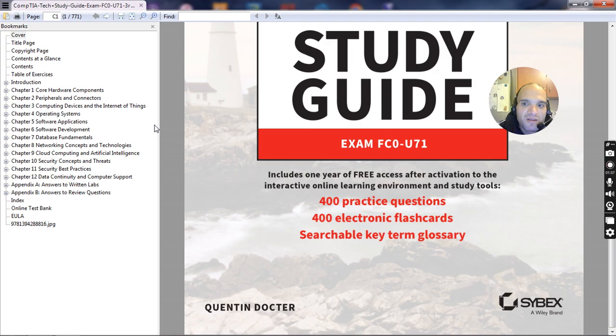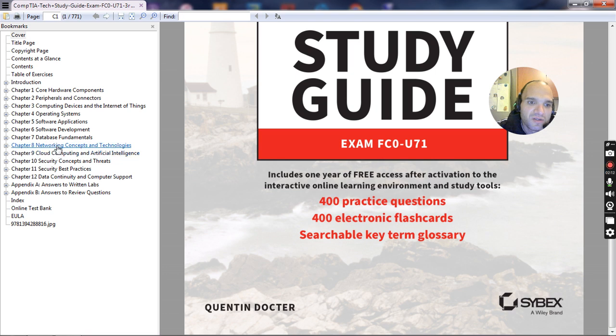they are silo chapters. What I mean is, each chapter includes a distinct subject. So you may choose to start with database fundamentals, chapter 7, and after that move to operating systems, then software applications, and then software development, which are relevant topics.